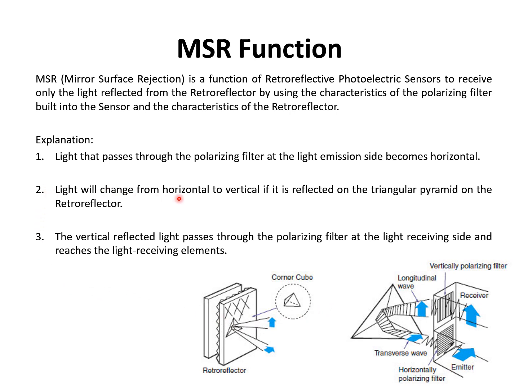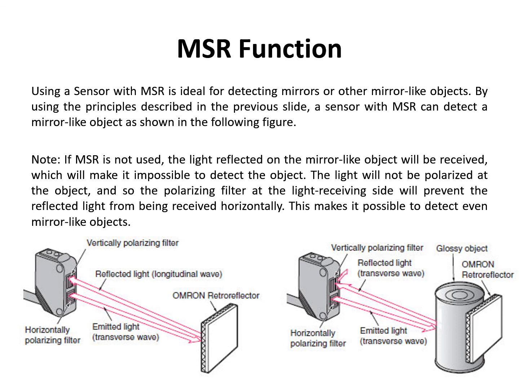Light will change from horizontal to vertical if it is reflected on the triangular pyramid of the retroreflector. The vertical reflected light passes through the polarizing filter at the light receiving side and reaches the light receiving element. Using a sensor with MSR is ideal for detecting mirrors or other mirror-like objects.